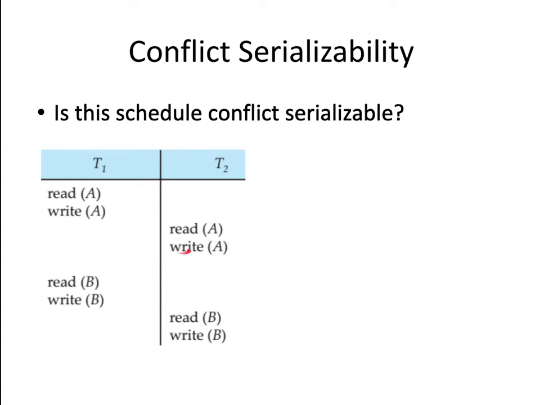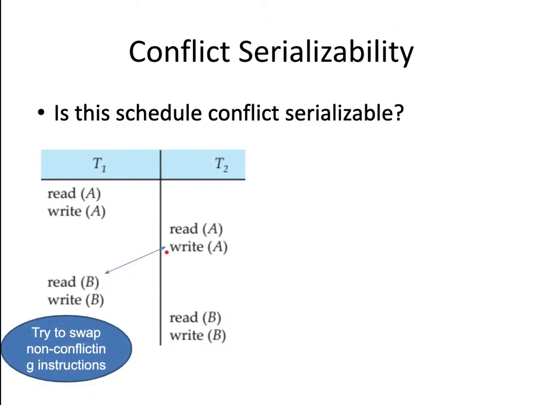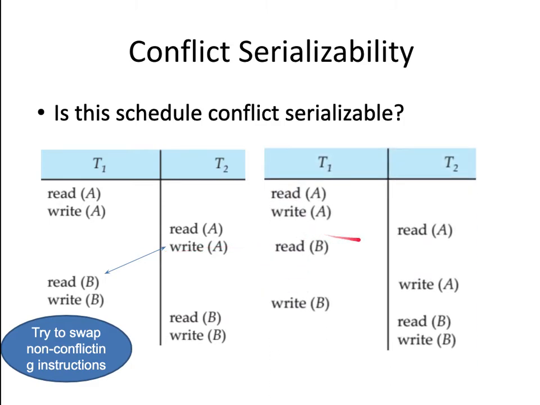Now, if we talk about the example that we were discussing, is it a conflict serializable schedule? That means, can we interchange the sequence of non-conflicting operations? Let us try. These are non-conflicting operations that we will try to swap the execution sequence of. First, in place of write A, I want to execute read B, so it will come up in place of read B. Similarly, read B over here and read B over here are again non-conflicting operations, because first, they are read operations, and second, they are performed on two different items.